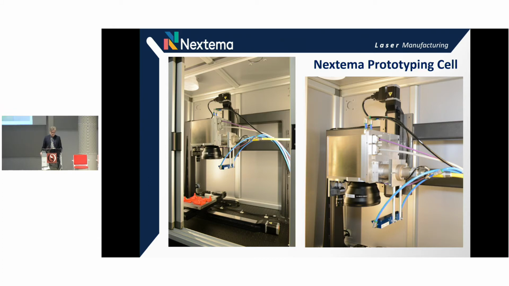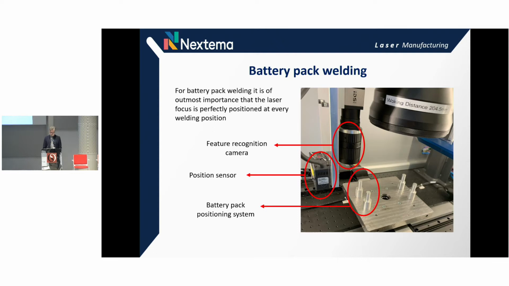A deeper focus here on the cell, with the elements you may see very clearly here. It is worth mentioning that the cell has a feature recognition camera, because you have, of course, to easily find the point to weld.